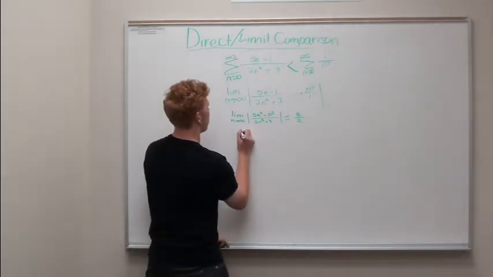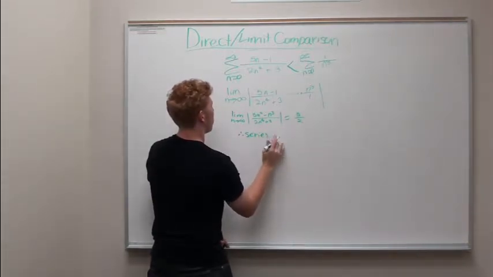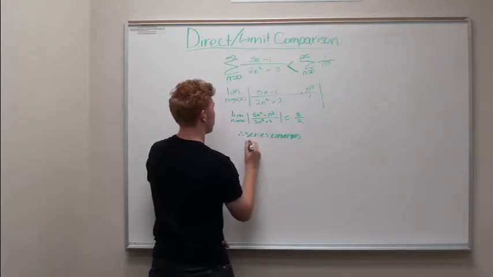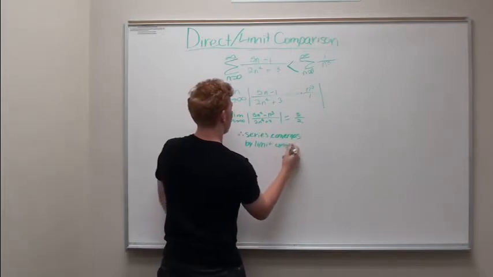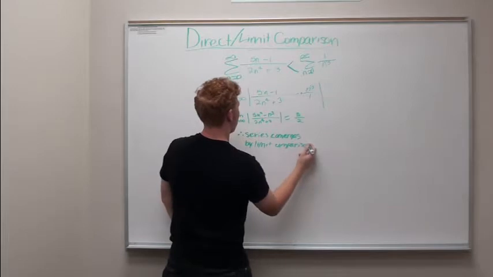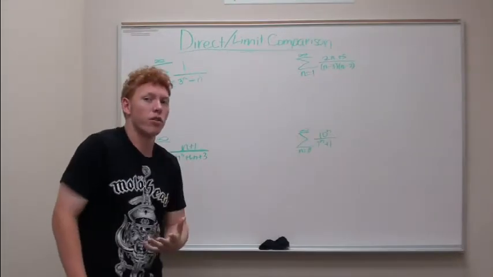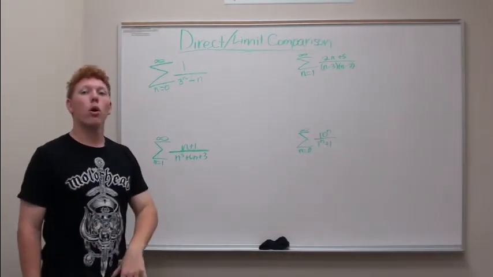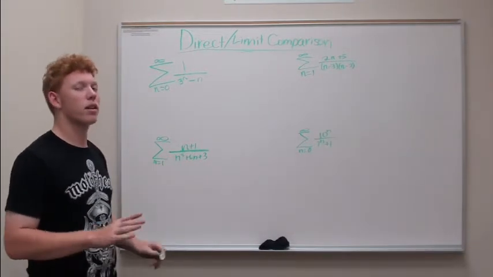So in this case, this series converges by limit comparison. And divergence. Now, for these, they could go limit or direct comparison. So I decided to throw a few in there that are a bit different to make it a little interesting.